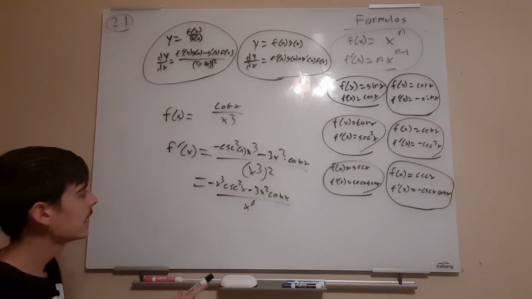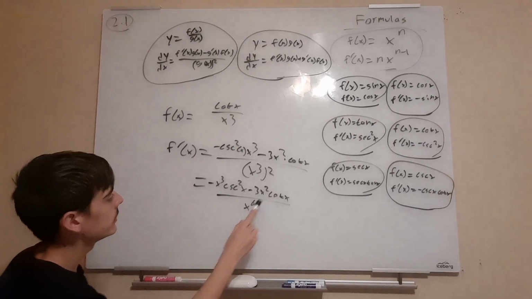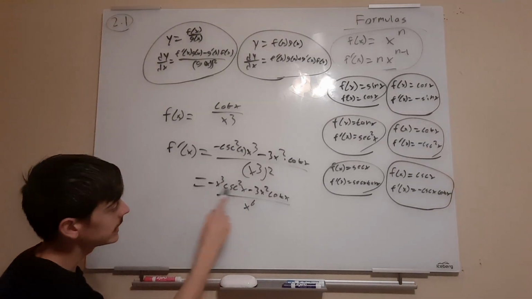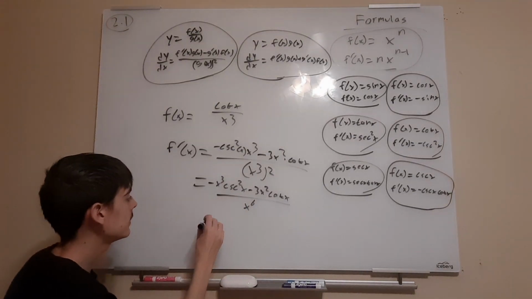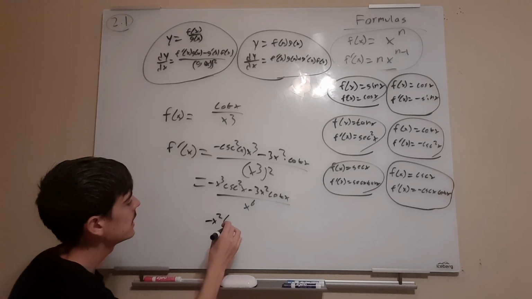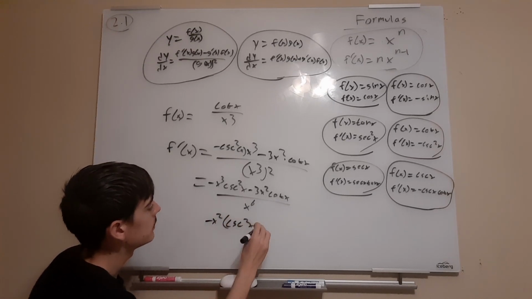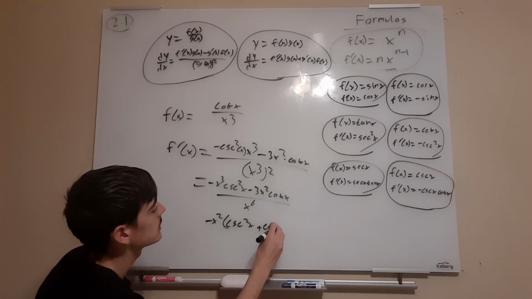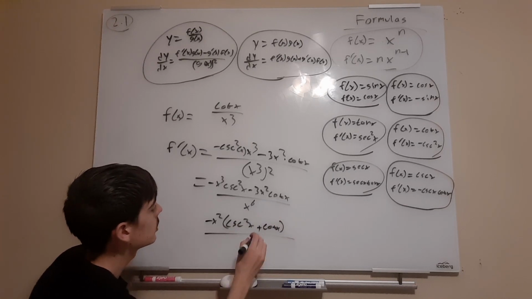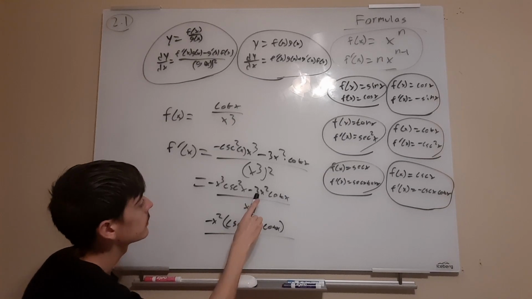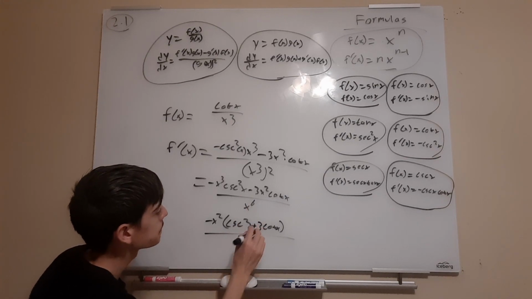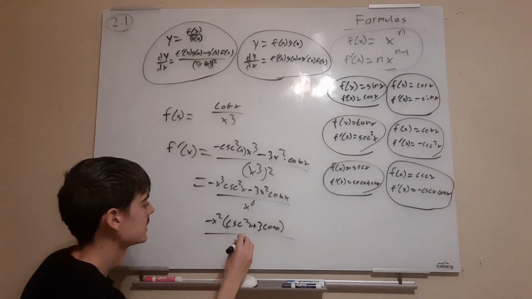Notice that there is an x squared in both of these, and there's also a negative sign in both of these. So we could factor out a negative x squared. And that will just leave us cosecant squared x, and then plus 3 cotangent x. I forgot, there's a 3 right here, so don't forget that. That's all over x to the 6th.